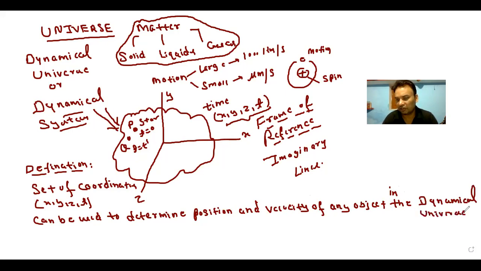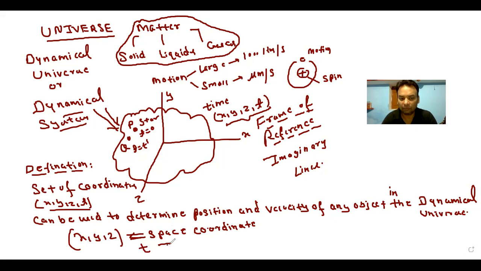So basically these are a set of coordinates. And what are the set of coordinates? X, Y, Z, and T. So these X, Y, Z are called space coordinates. And the last one, which is time, this T, is called the time coordinate.